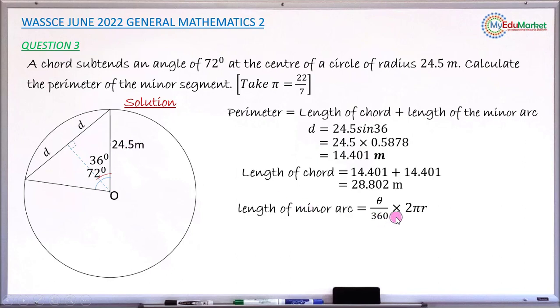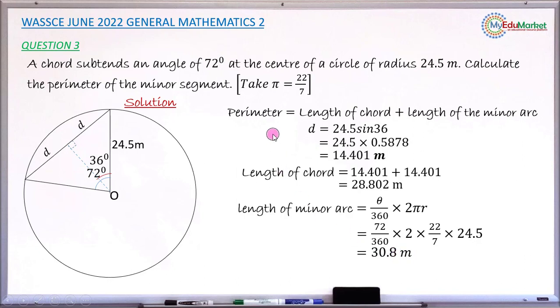So substituting in this formula theta as 72, r as 24.5, and pi as 22/7, you now have 72 over 360 multiplied by 2, multiplied by 22/7, multiplied by 24.5. If this multiplication is performed correctly, you now have the final result: the length of the minor arc as 30.8 meters.